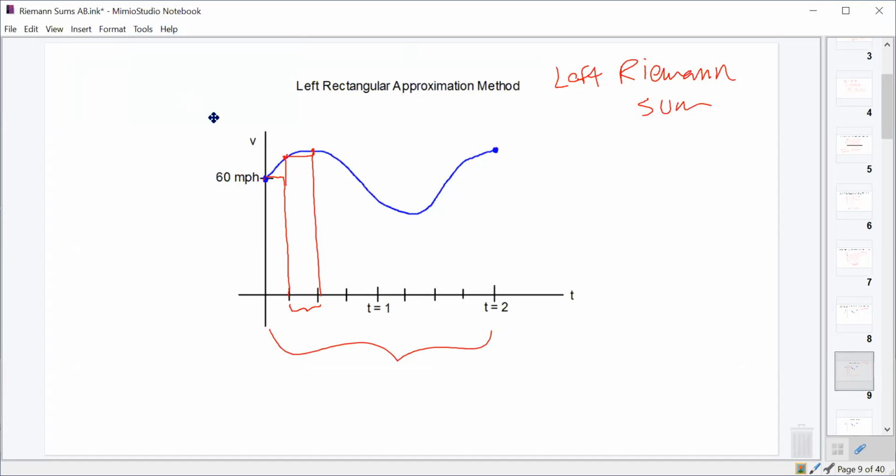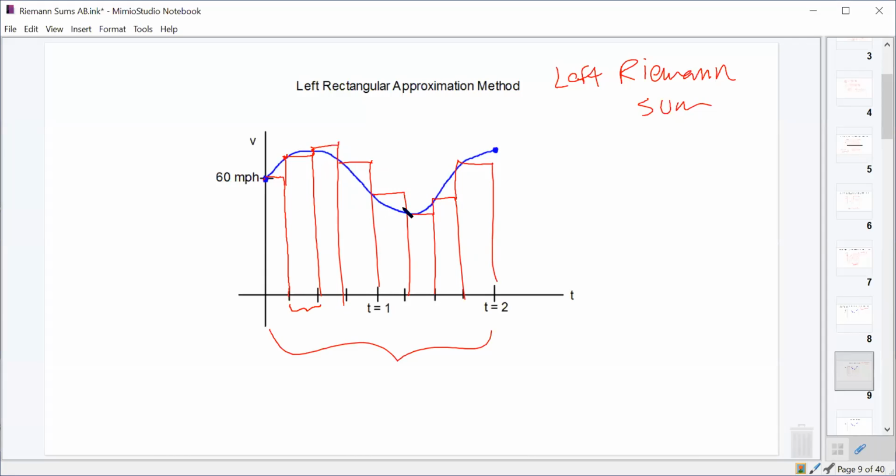And now my toolbar is not there. All right. So then go up to the next one and make the next rectangle, and then do the same at each of these subintervals. Go to the height at that beginning point, the left point of each subinterval, and draw a rectangle.